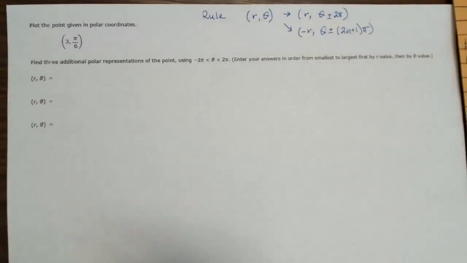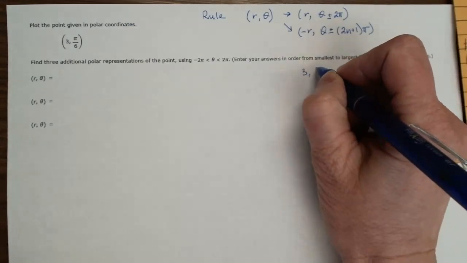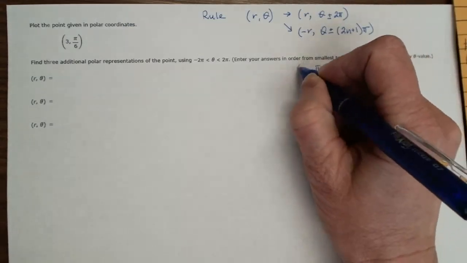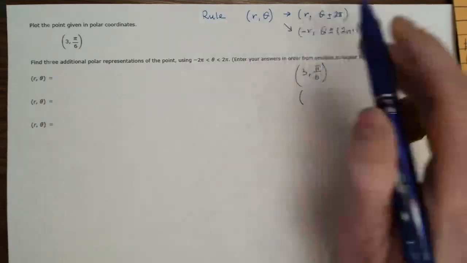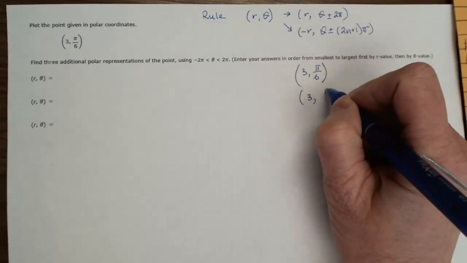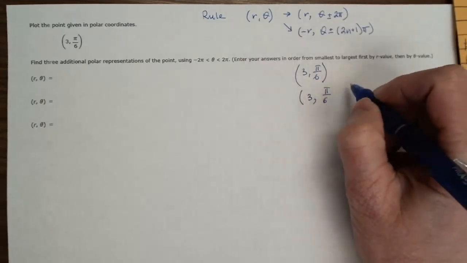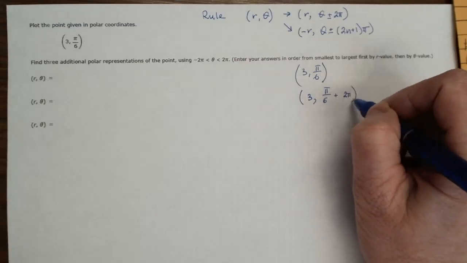Let's see how it works. So originally we have 3, pi over 6. So we will use this rule first. It will be 3, pi over 6 plus 2 pi.